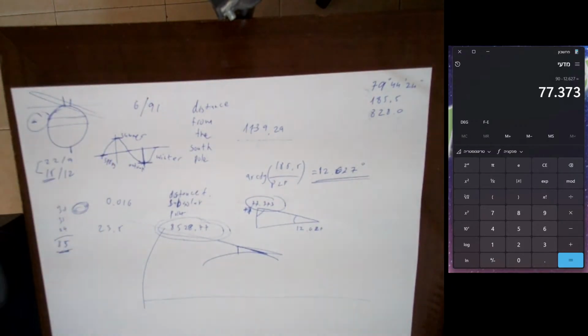We just figured out, we converted to decimals. So we need to know how many kilometers per degree, and then we will multiply it by 360.